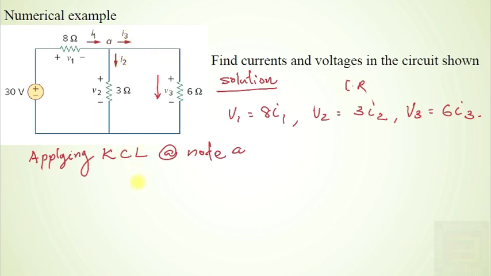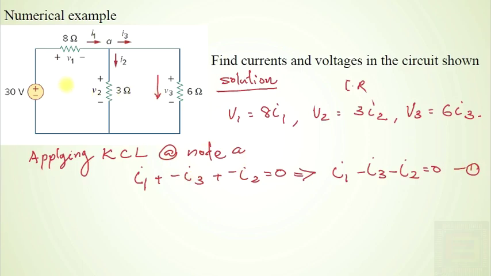So we get this equation: I1, because I1 is positive, minus I3, because I3 is flowing out of the node, minus I2 equal to 0. This is the result of application of Kirchhoff's current law at node A. So I1 minus I3 minus I2 equal to 0. You name it as equation 1.